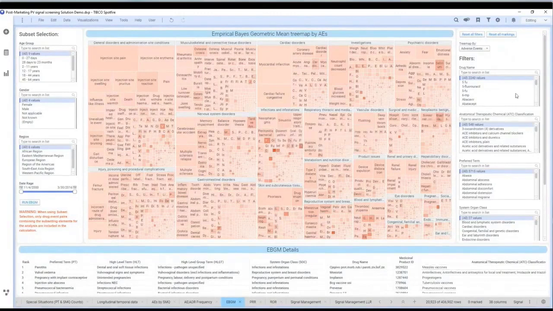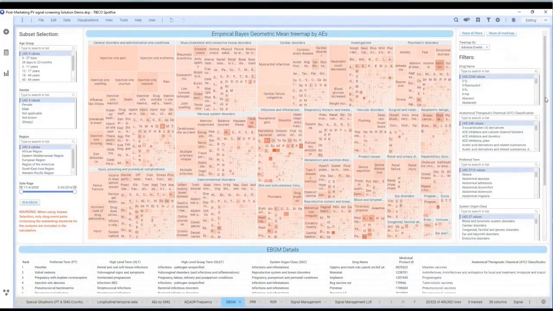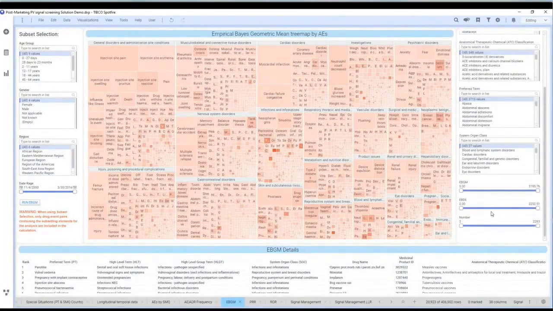Right? On the right-hand side, we provide this filter so you can filter to the drug of interest or the adverse event of interest. And also down below here, we provide this for you to select the desired cutoff threshold for your signal detection.